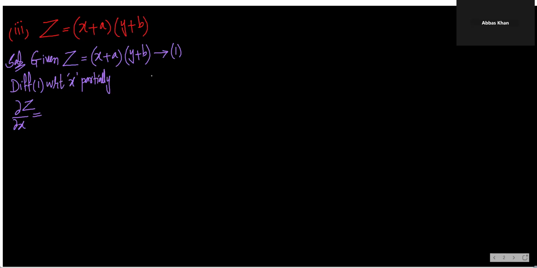Look at what I'm doing. This term is a constant term right now because x is not there. So y plus b should be taken outside, and the partial differentiation will go to this term, dou by dou x of x plus a.